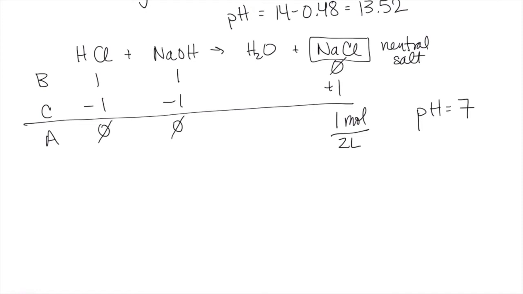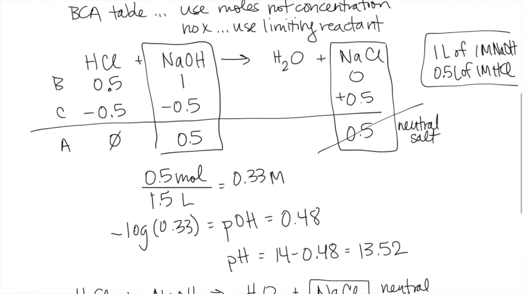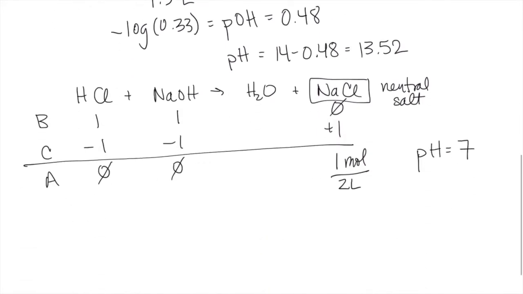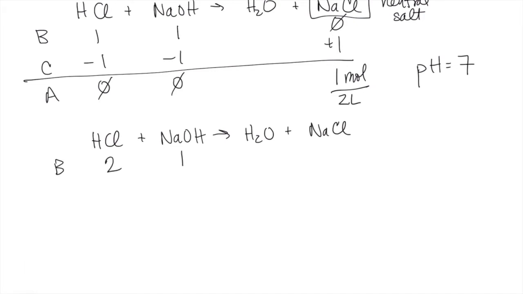Okay, third situation now. Instead of having too little HCl, like I did in the first example, I'm going to have too much HCl. So I'm going to do the same thing, HCl plus NaOH, making water and NaCl. And this time I'm going to have 2 moles. Let's say that's 2 liters of 1 molar HCl and 1 liter of 1 molar NaOH.